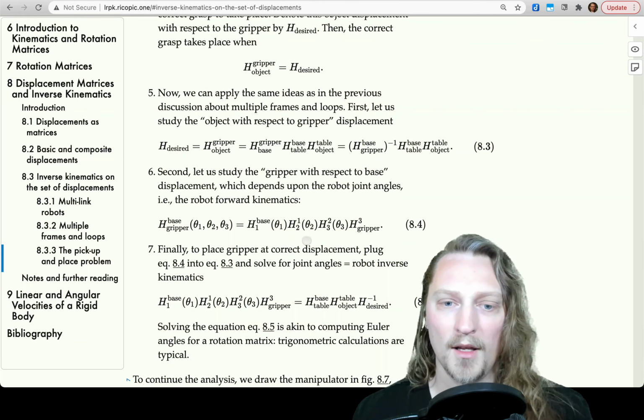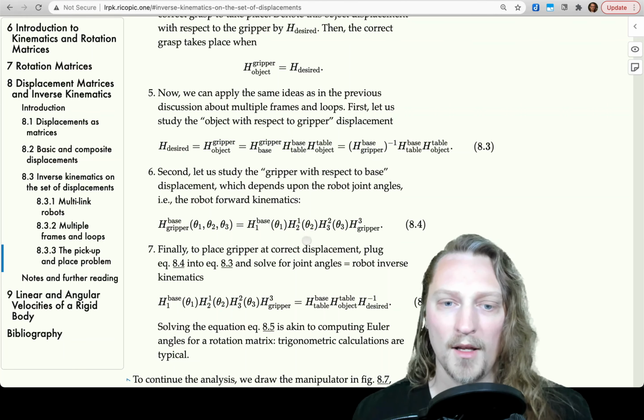After some careful bookkeeping or some symbolic computations on a computer, highly recommend that, we obtain this. So h1 base, h21, h32, h gripper 3, which if you go back up here to our expressions, is this left-hand side, can be computed out from these expressions for those objects that we came up with.